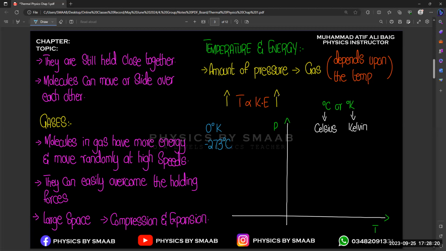Okay. So basically, the absolute zero, the point where the motion of the particles freezes, is known as absolute zero, right? And that absolute zero is equal to minus 273 degrees Celsius. Because in Kelvin, that is actually zero. But if you read that same temperature on the Celsius scale, it will be minus 273, right?